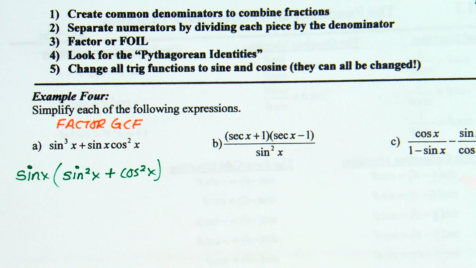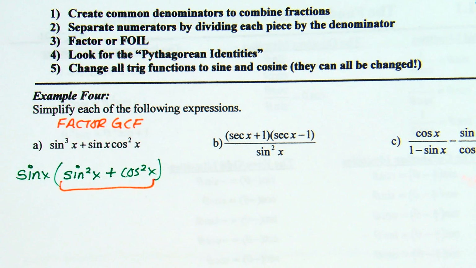I see squared trig functions being added. And if we flip back to the previous page, anytime I see squared trig functions being added or subtracted, I'm thinking I better check my Pythagorean identity. Does this right here match up with one of my Pythagorean identities?